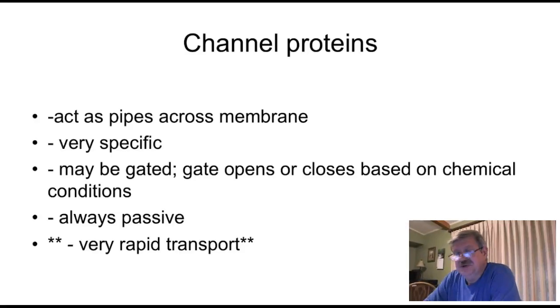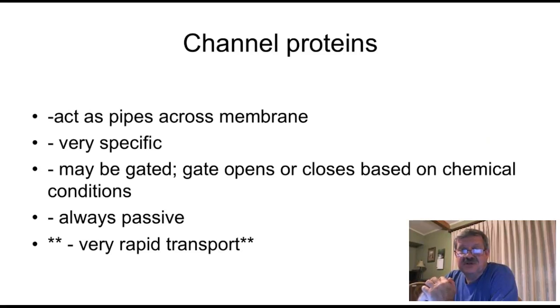Now, a channel protein is going to act as a pipe that will very quickly transport material across the cell. Now, again, even though we're calling it a pipe, it is a very specific pipe. Only one type of material is going to pass through one particular protein.